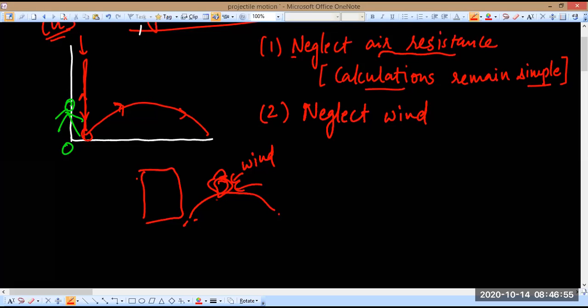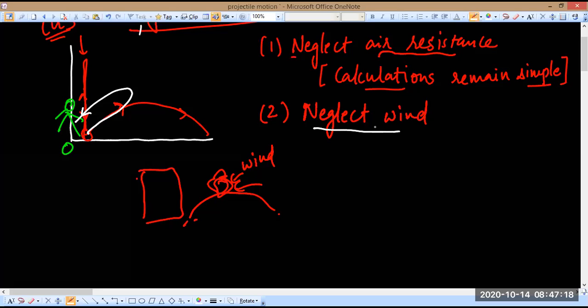So if there is going to be wind, then it's going to fly here and there, right? Even if you throw it like this, it's possible that because of the wind it goes off like this and comes back. So in such cases, neglecting wind will give you a big error.